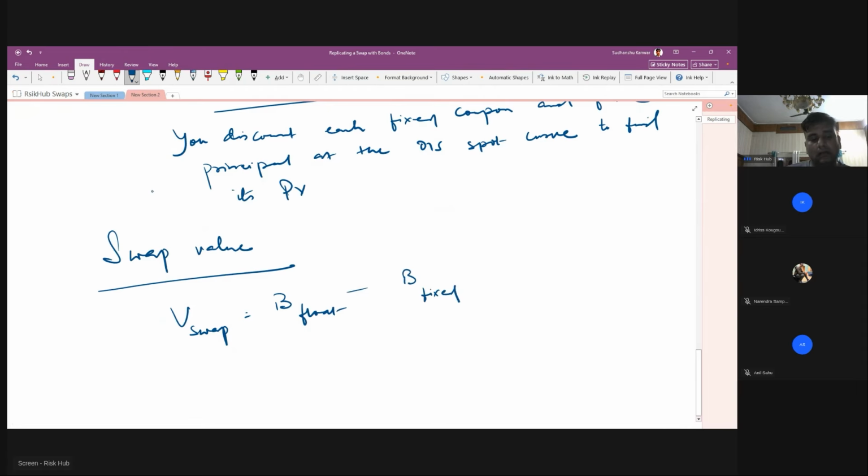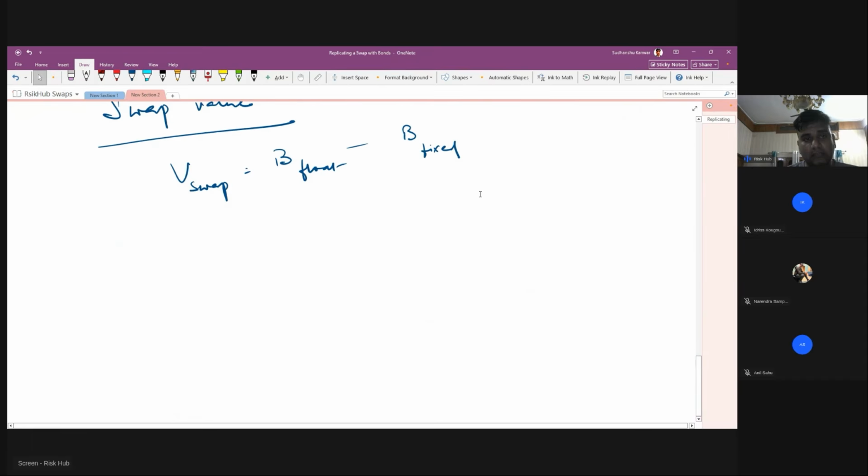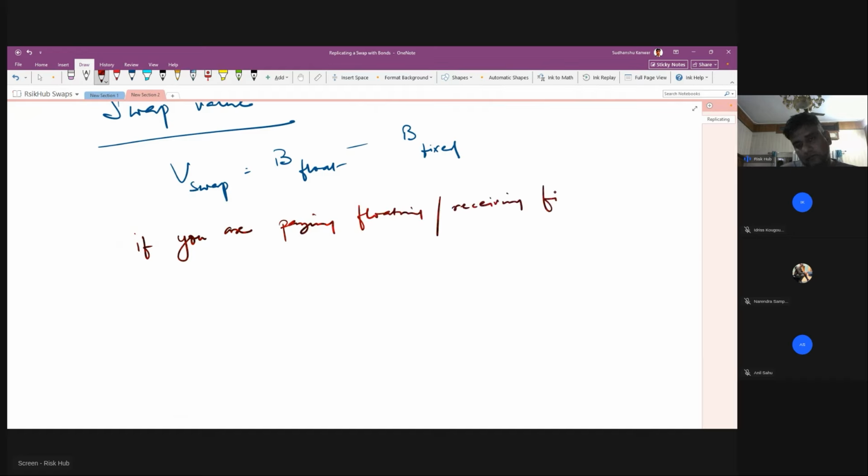right? So if you are, let's say, paying floating and receiving fixed, please understand this part also. Sometimes people get confused, which I think Anil was also asking. I'm just clarifying that. If you are paying floating and receiving fixed, you are a floating payer, a fixed receiver.